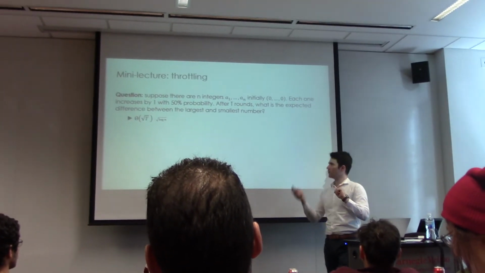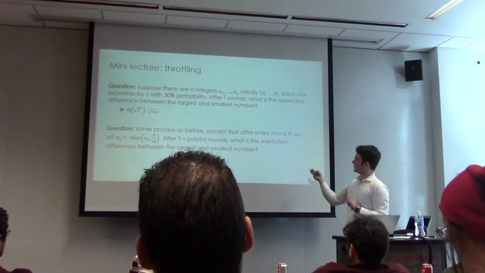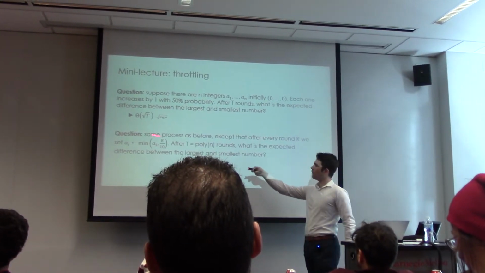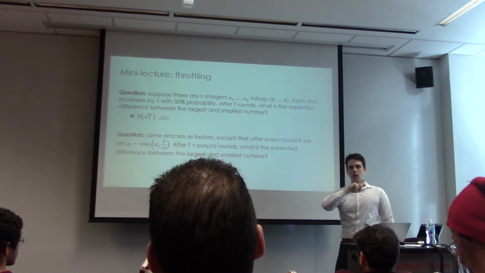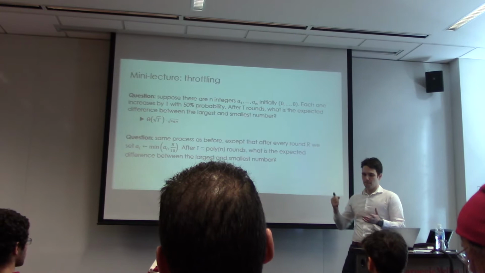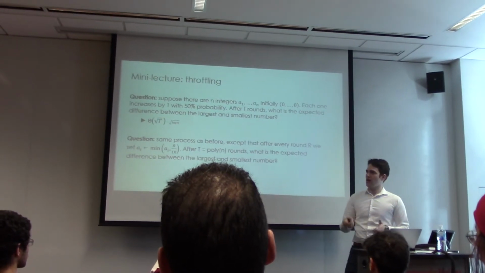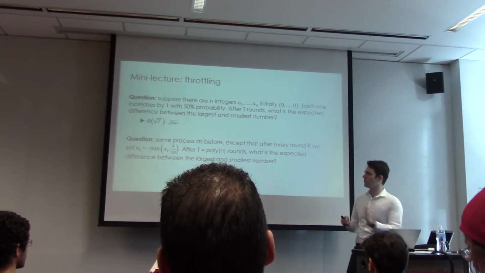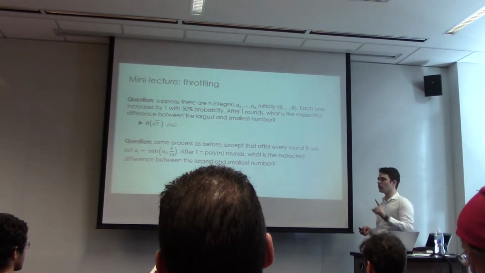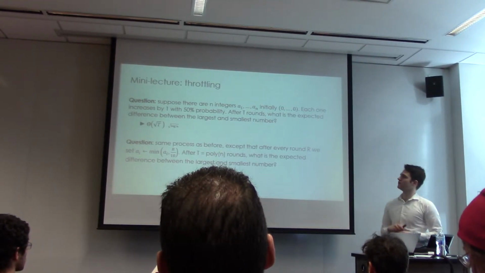Now let's throttle them. We will never let them go over r over 10. So that's much slower than r over 2. We will throttle them manually. We will not let them pass beyond this mark. The question is, what is the discrepancy now?